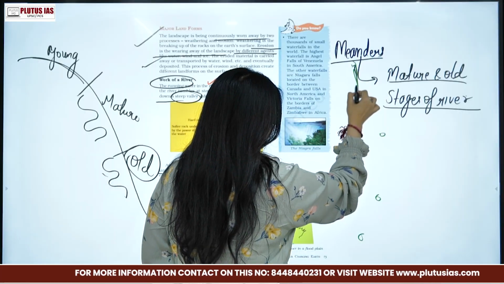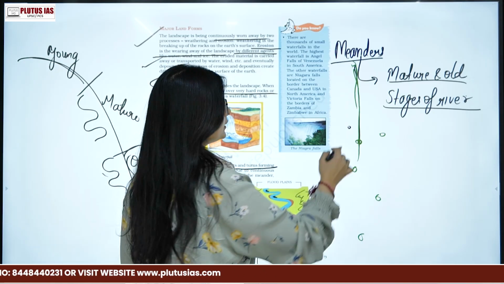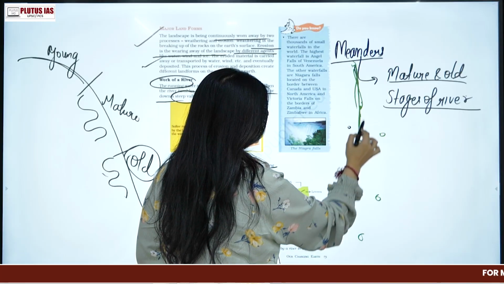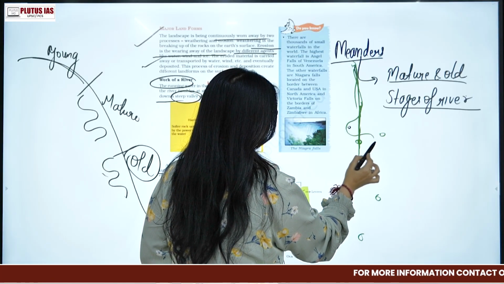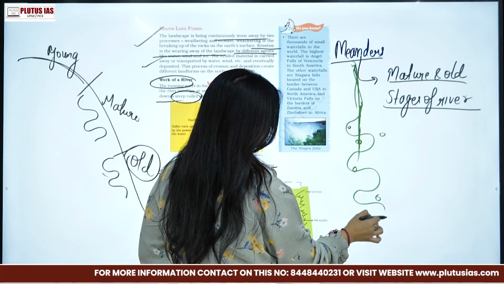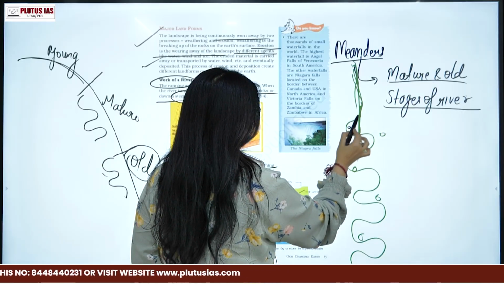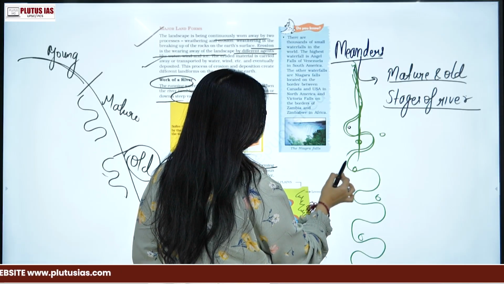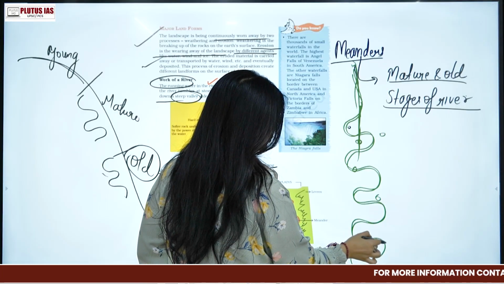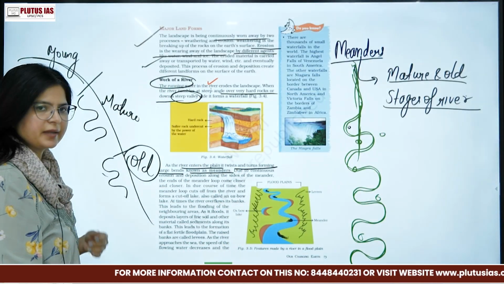Because the speed of the river has become very slow, what will happen now? Instead of cutting through it, it will change its course according to the boulders or any obstruction that has come in its path. Since it is meandering, this is what is called meandering. It is running away from the obstruction, following this path.